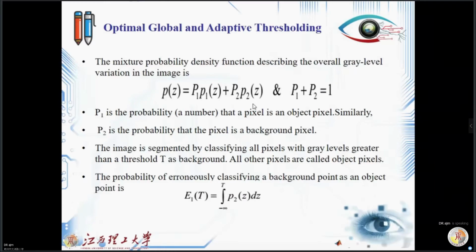The probability of erroneously classifying a background point as an object point has the formula E1(T), the integration from minus infinity to T of p2(z) dz.